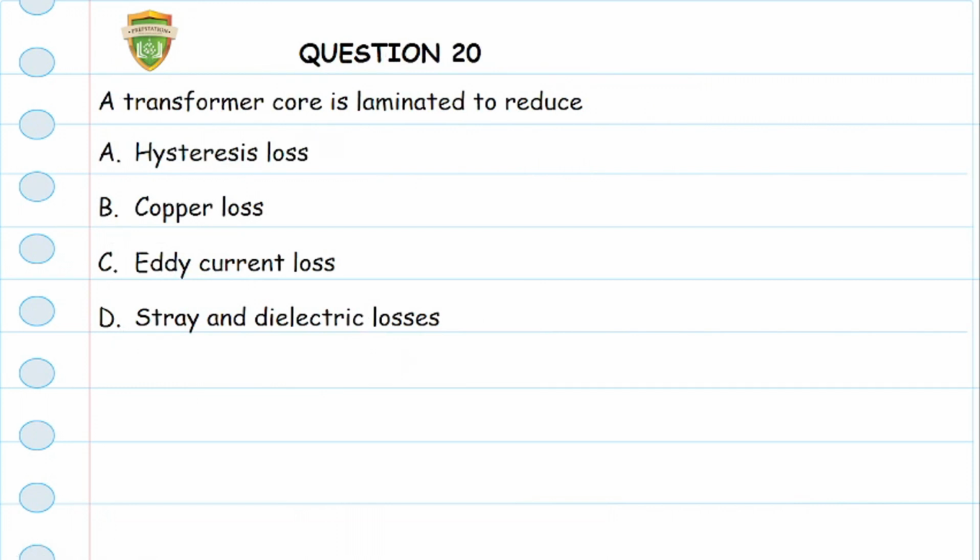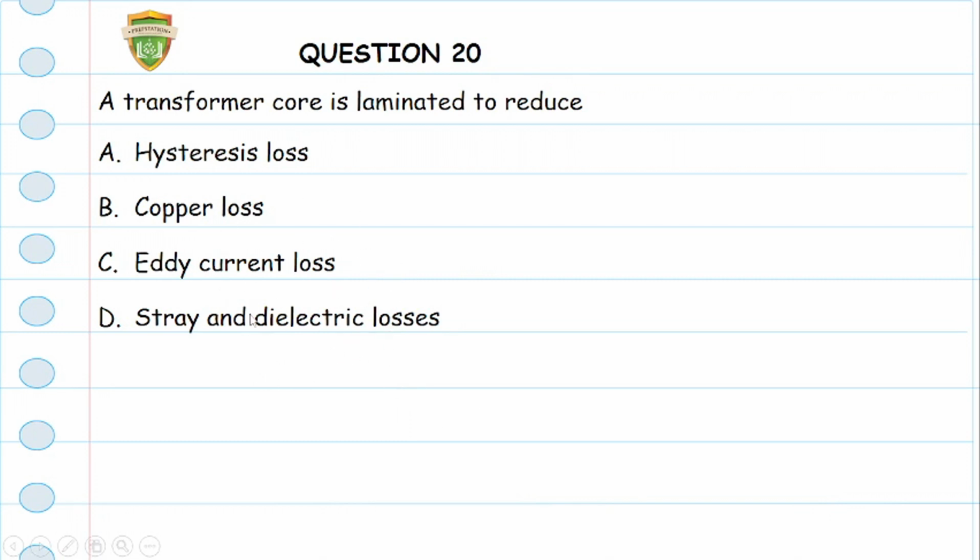Now question 20 says a transformer core is laminated to reduce what? Now, these are all losses that happen in a transformer, due to various reasons, due to the current the transformer deals with: electromagnetic induction, alternating current, and the resistance. So stepping up, stepping down.